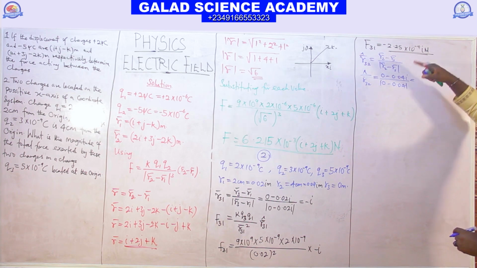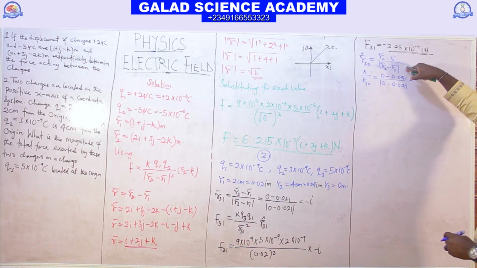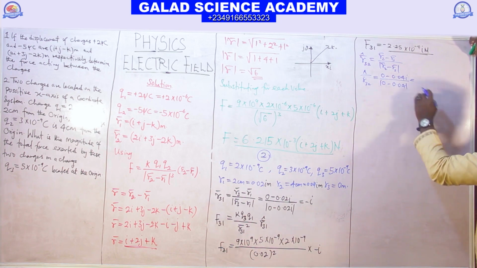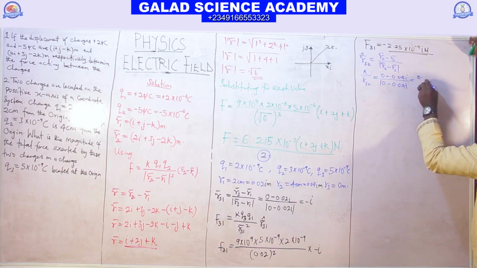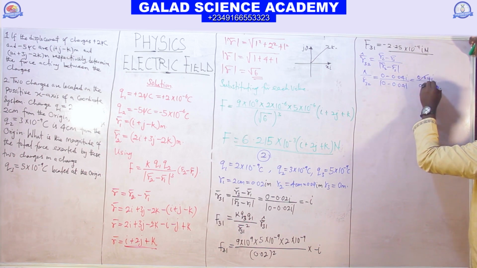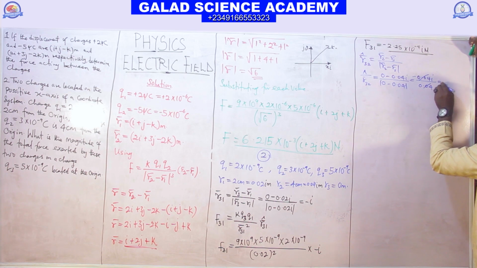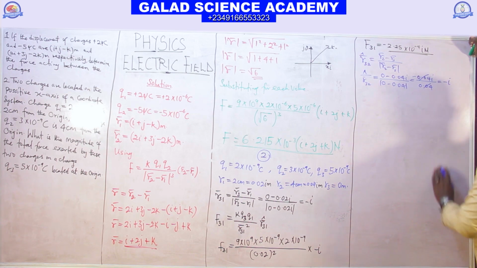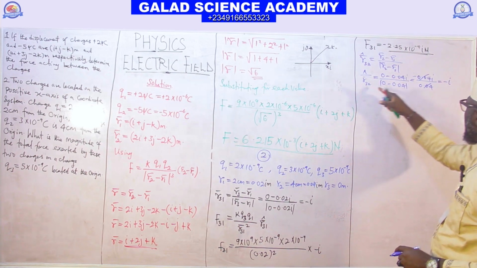Square this, find the square root: 0.4 squared plus 16, and the square root is 0.4. This will cancel each other, but here we have minus i. That's what they have.